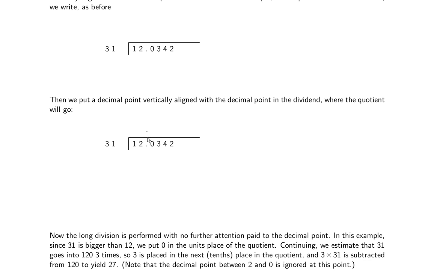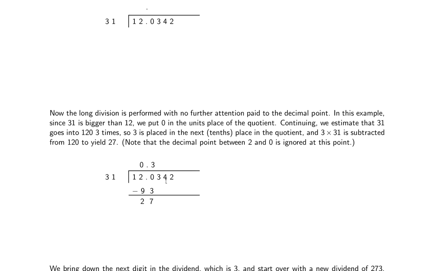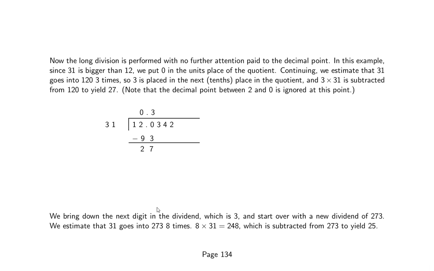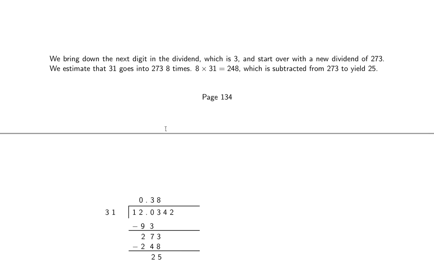Make sure you line up the decimal points. 31 fits into 12 0 times, so there's a 0 here. 31 into 120 goes 3 times. 3 times 31 is 93. Subtract, 27. And now bring down the 3. It's certainly much more work if you have a bigger divisor, unless you know your 31 times tables.